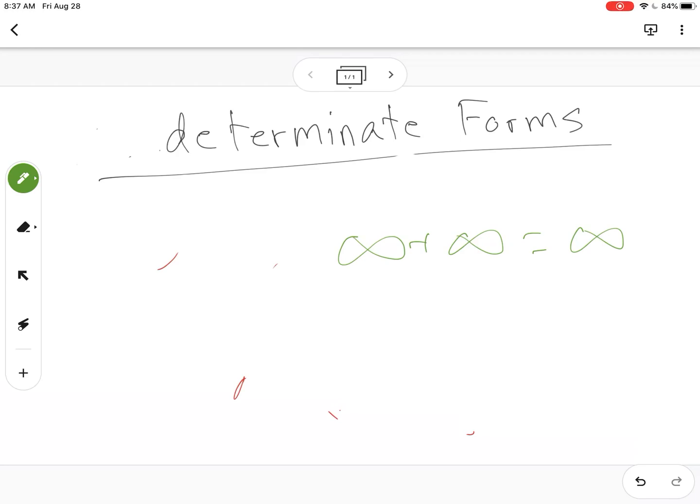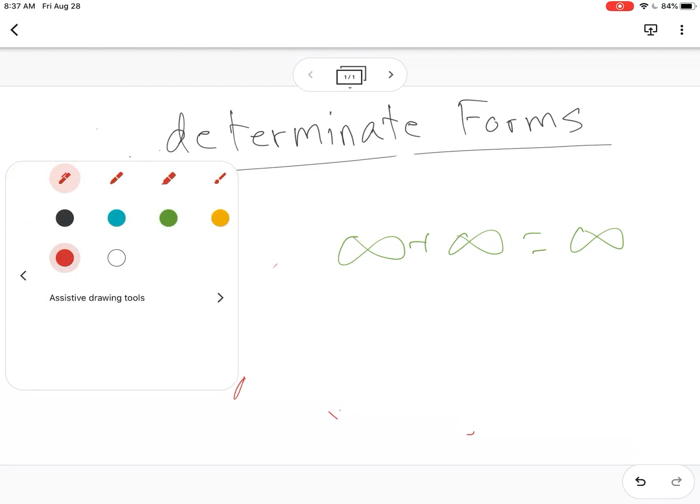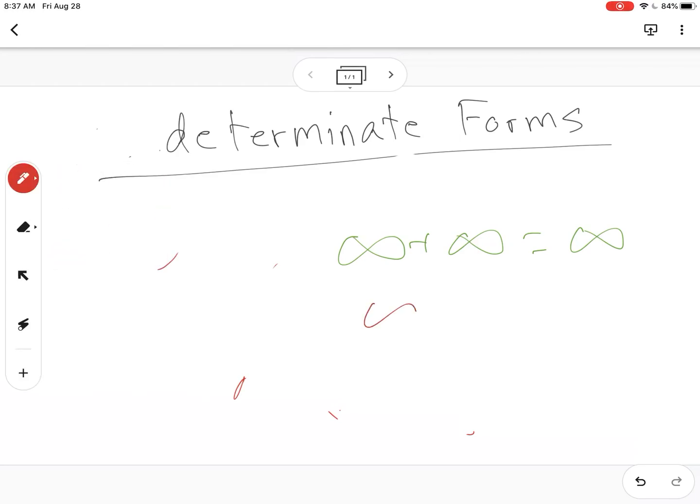But subtraction does not make sense, simply because we don't know. One of them could be bigger than the other. Is it going to be a positive number? Is it going to be a negative number? I really just don't know. Are they the same size infinities? We really just don't know. So in this case, it's an indeterminate form, but that green one, infinity plus infinity, is a determinate form. We do know it still makes positive infinity.